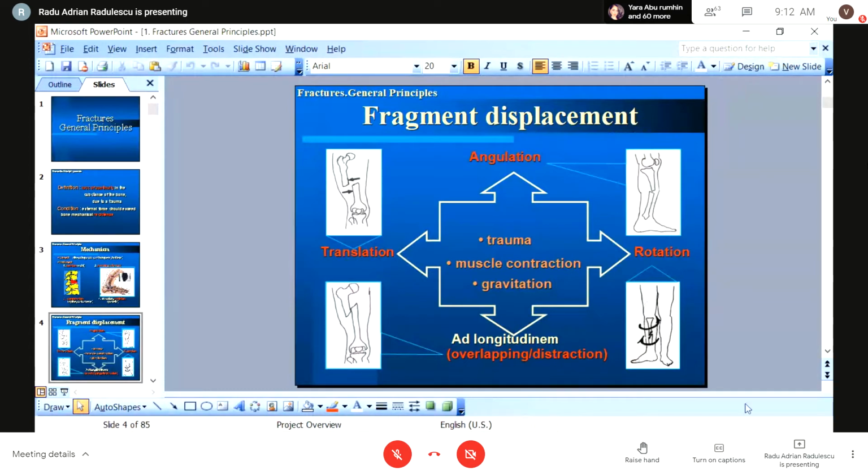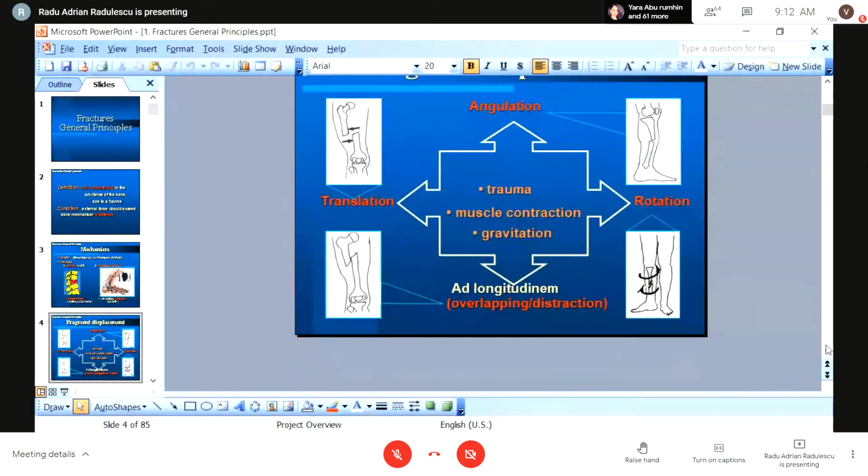And of course, we've seen before the angulation displacement. Here is the angulation, where the two bone ends will not be in the same axis, they will get an angle in between them of a different size, doesn't matter, but anyway they'll get an angle which will define this type of angulation displacement.